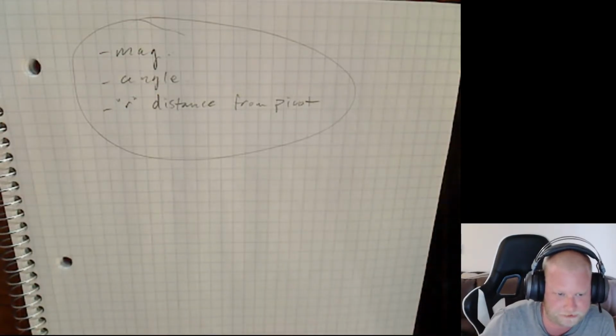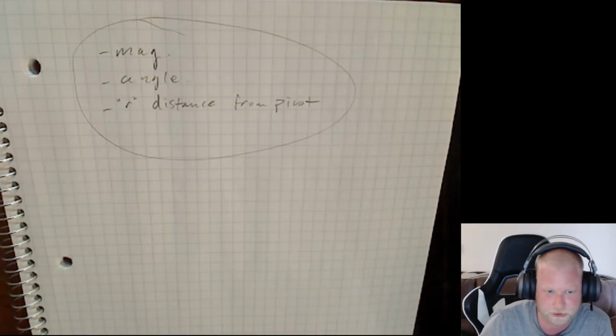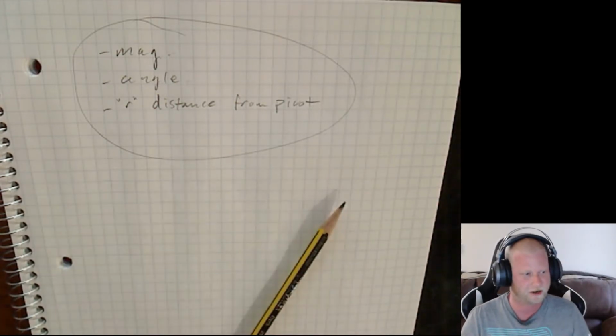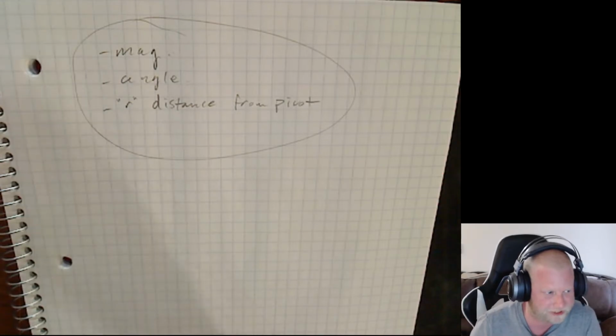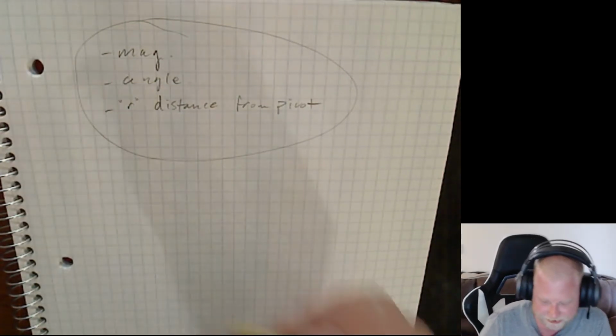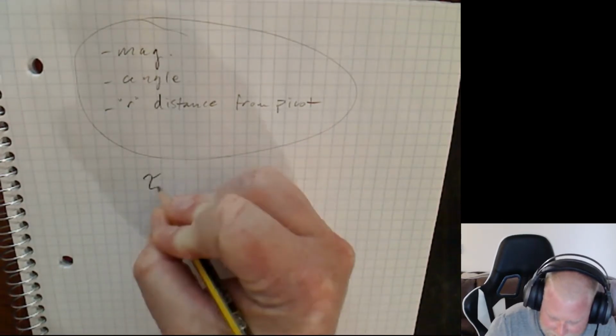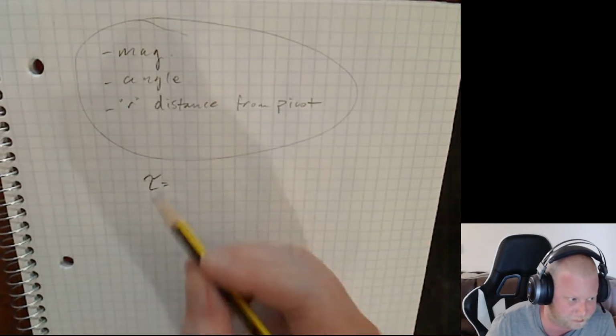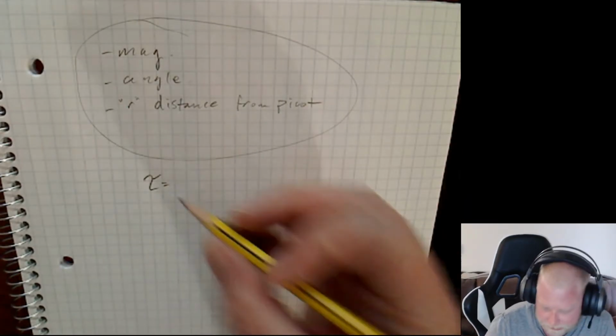Now, there are two different ways to find your torque, but they both depend on finding some sort of perpendicular relationship between a distance from the hinge and the force. Right? So the two main equations we're going to look at, and this is the Greek letter tau, that's going to represent torque.